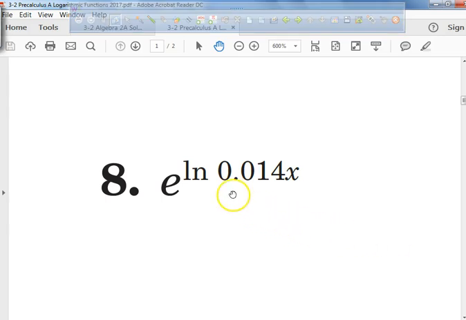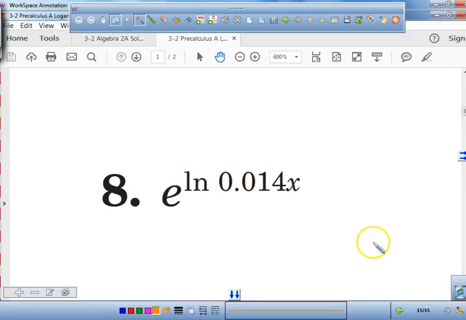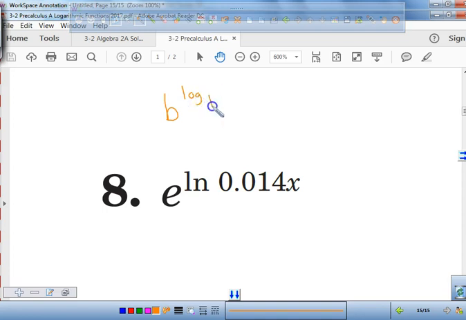So, right now, everybody, what I'd like you guys to do is write this: b to the power of log base b of x equals x.